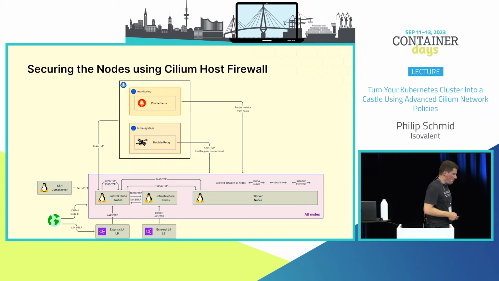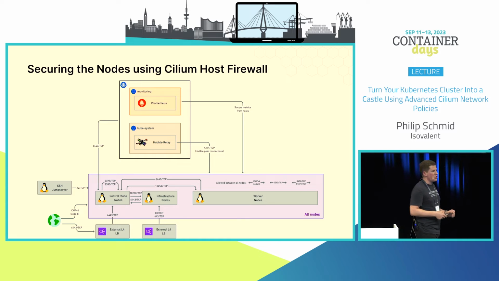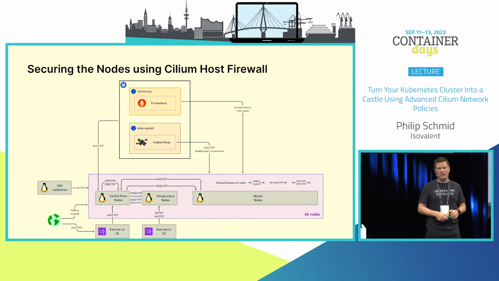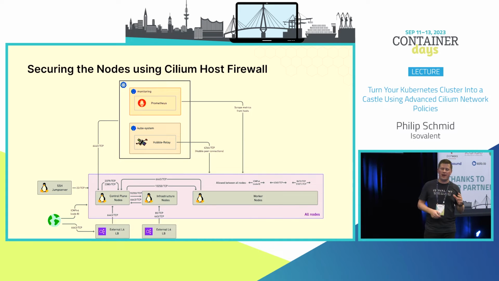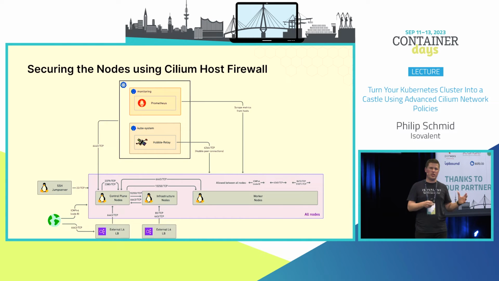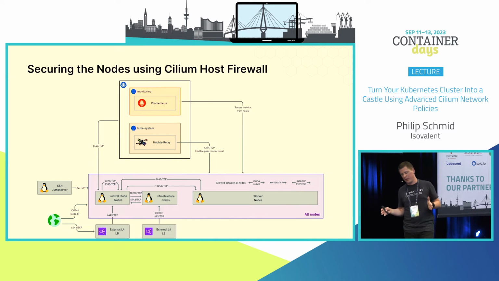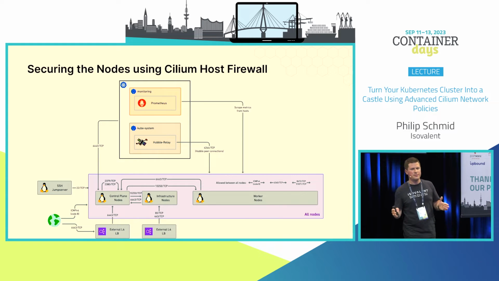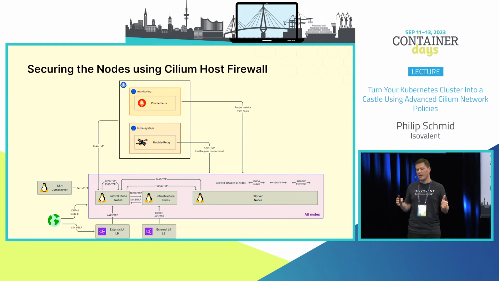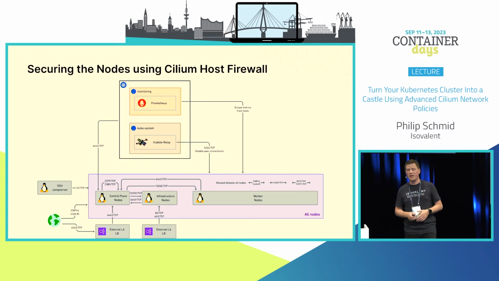When we want to apply such host policies, we do not only need to care about the control plane nodes, but as you see in this picture, we also need to take care about other connections, such as between the control plane nodes and all of the kubelet instances, because kube-apiserver needs to be able to reach the kubelet API.